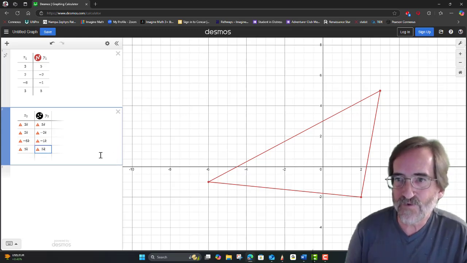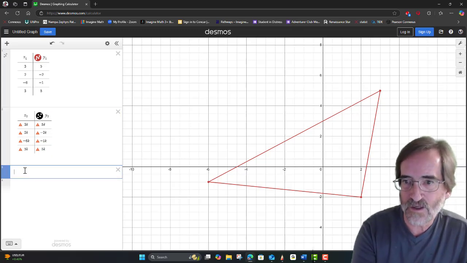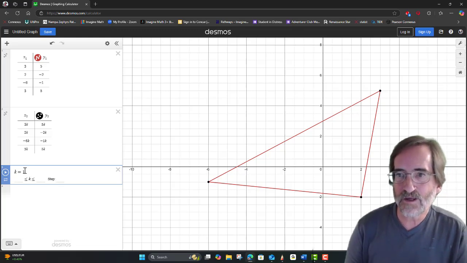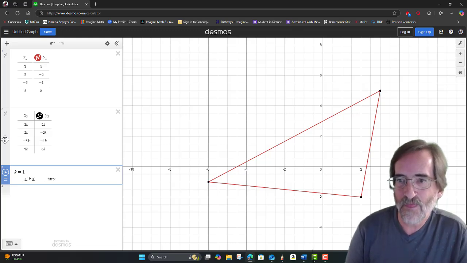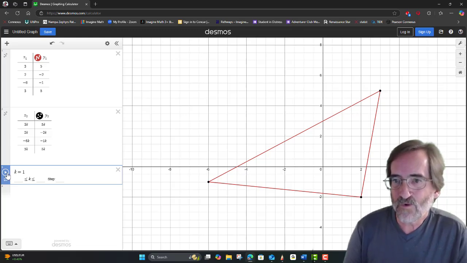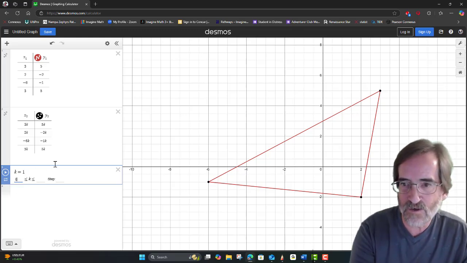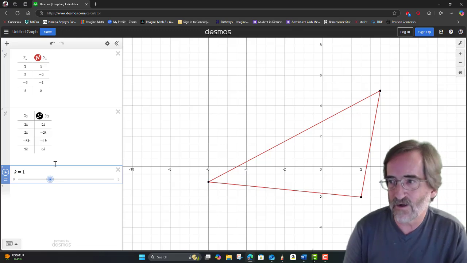And now I'm going to define k. K equals 1. Okay, and now the hourglasses or the exclamation marks are gone. Okay, but what I want to do here is I want to add a slider here. K between 0 and 3. And step size I'm going to leave blank here.